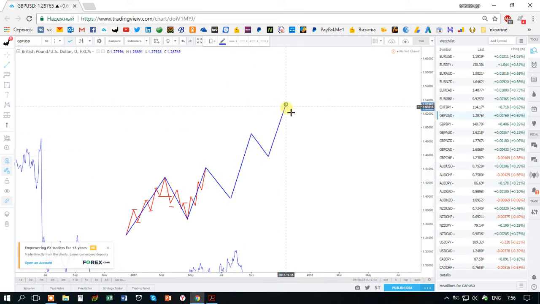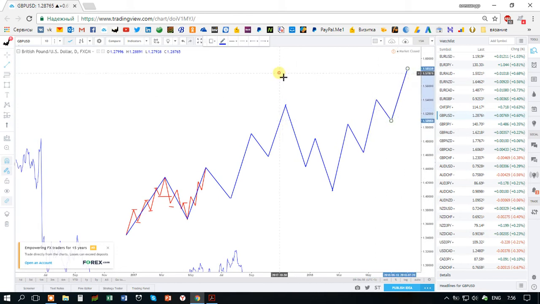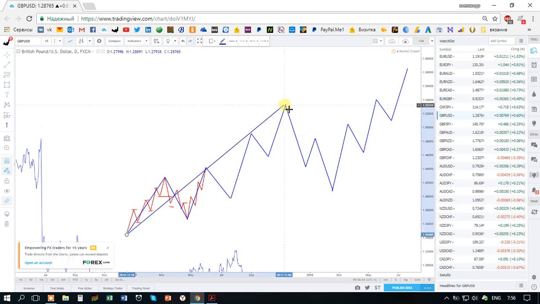Then we'll break that trend and start moving lower. And then we have another trend to the upside, moving higher. So guess what we have? Here we have what is called a major trend. And let this major trend be black, and let me draw it this way.